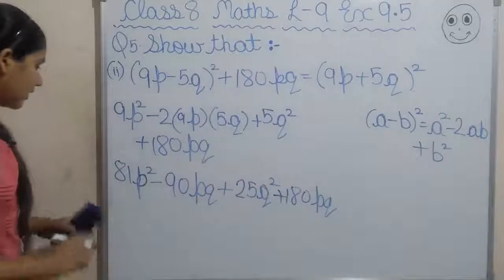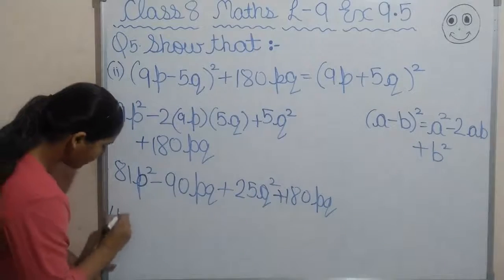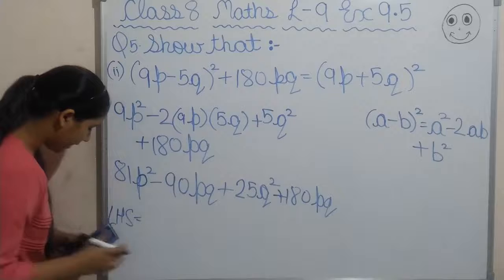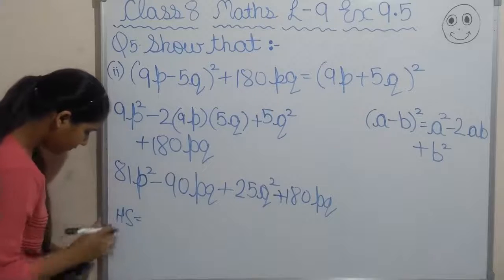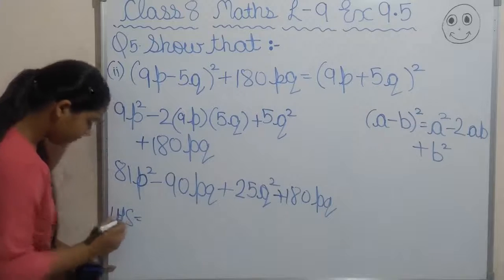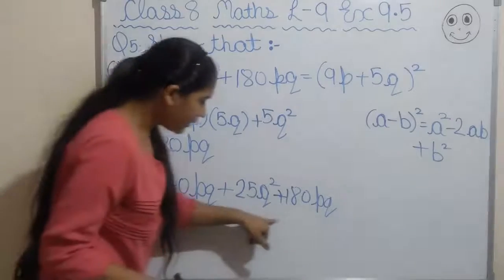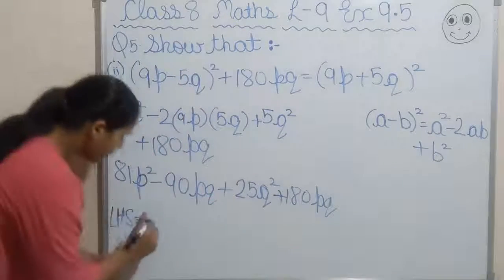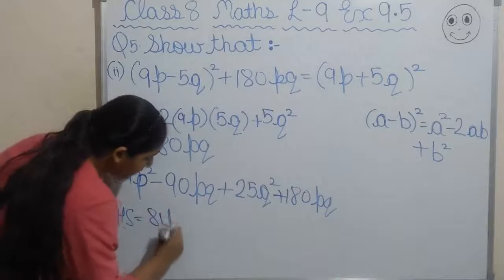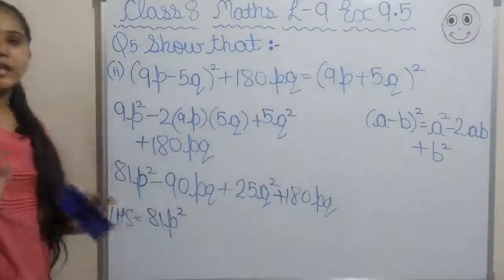This is the LHS, so I am going to write it down. LHS is 81p square. Does p square have any pair? No, so we write 81p square as it is, because it does not have any pair.